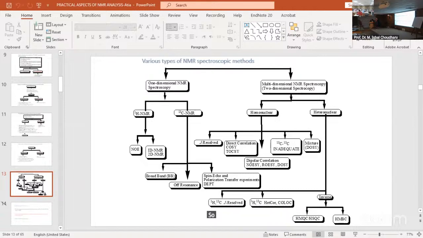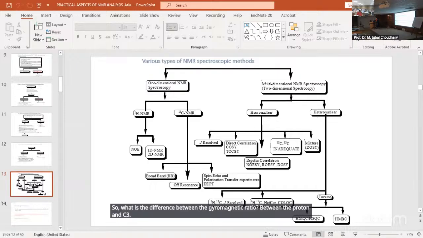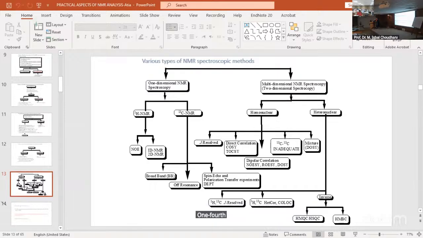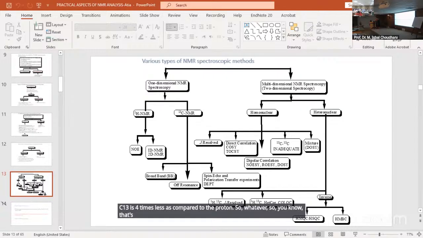So, what is the difference between the gyromagnetic ratio of the proton and C13? One-fourth. The gyromagnetic ratio of carbon C13 is 4 times less as compared to the proton. That's a very interesting question that Navera has asked.